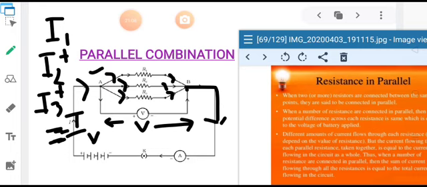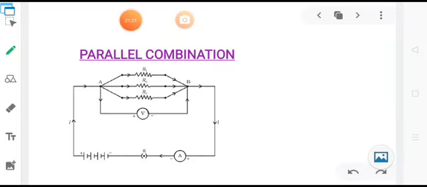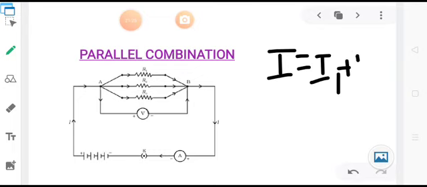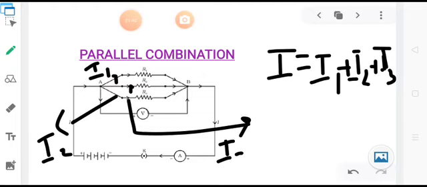So let's again find what should be the total resistance when three resistors R1, R2 and R3 are joined in parallel. As I is equal to I1 plus I2 plus I3, let me again mark it for you: I1, this current is I2, and the current flowing through R3 is I3.